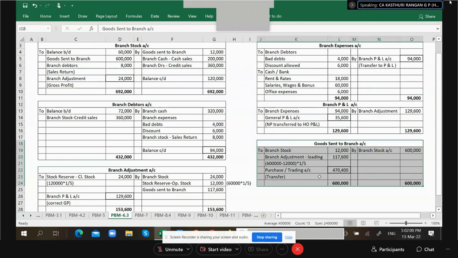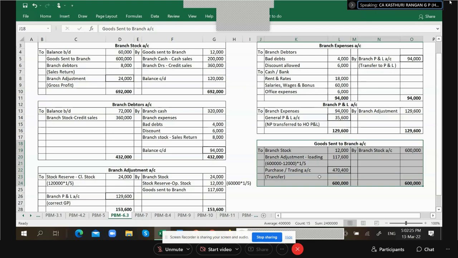So when they send the goods to branch, what will happen? Purchase will reduce. Or suppose it's a manufacturing company, they manufacture the goods and then they send it to branch. So trading account should be credited. Is it not?